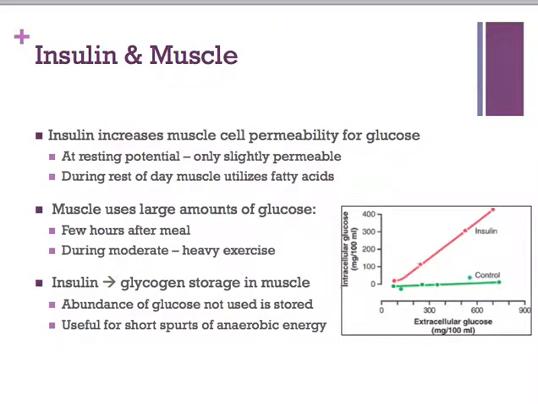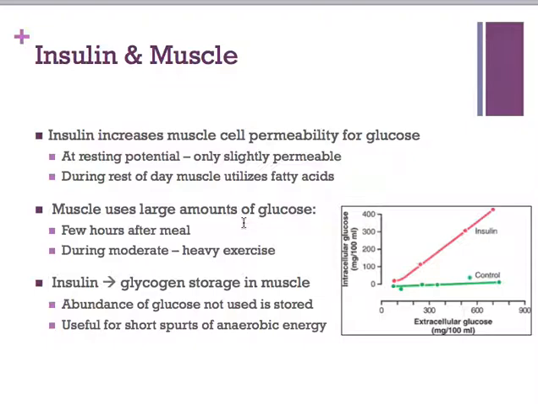Insulin and muscle, so muscles love glucose. At resting potential, we don't have good permeability, just slight permeability. When insulin is around, we can traffic glucose into those cells. Muscles use huge amounts of glucose. A few hours after a meal, during moderate to heavy exercise, we get a ton of glucose utilization by muscles.